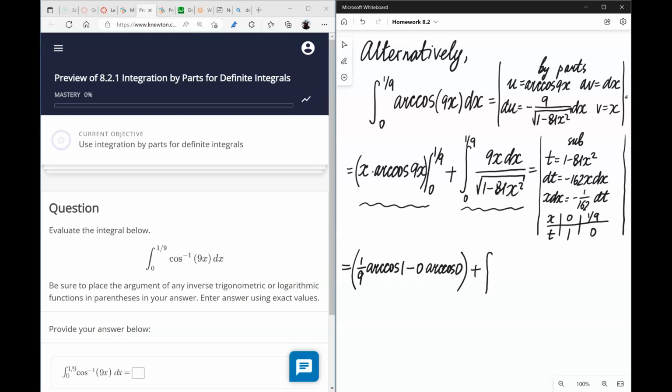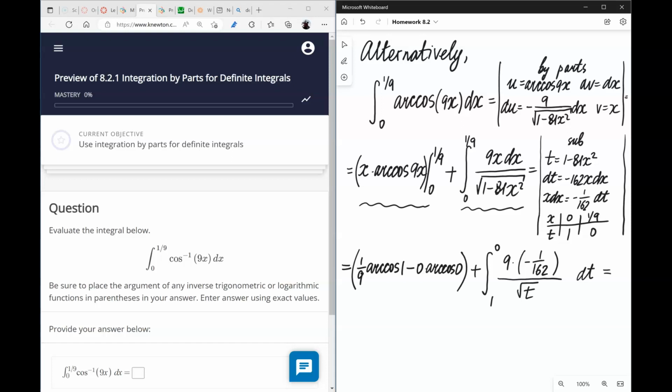So we have new limits of integration from 1 to 0, but the variable is now t. So we write 9 x dx is now negative 1 over 162 dt. And in the denominator, we just have square root of t.